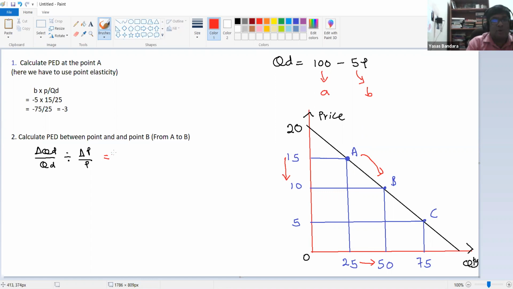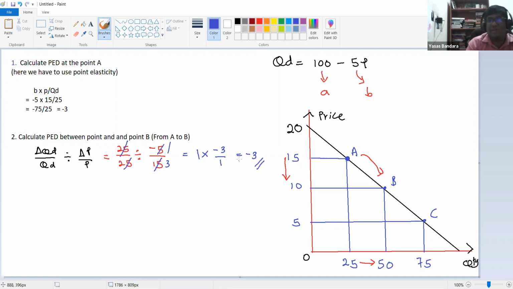So change in the quantity is 25 to 50, 25 from 25, divided by change in the price 15 to 10, that is minus 5 from 15. Okay, so 25 goes for 25, 5 into 1, 5 into 3. So how do we get the answer? 1 into minus 3 over 1. And the answer is minus 3.